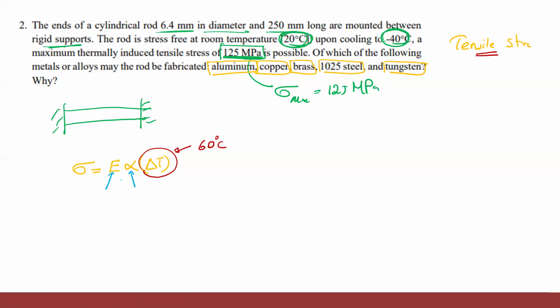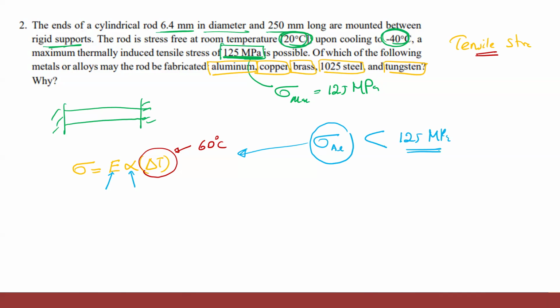So how do we know if a material is okay? For example, let's say aluminium. When you find the stress induced in aluminium due to this temperature change, how do you recommend it? Aluminium is okay or not? What should happen? The stress induced in the aluminium should be less than this 125 megapascals. Am I right? Yeah. Because this is the maximum allowed by the supports.